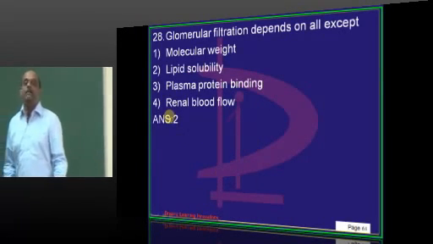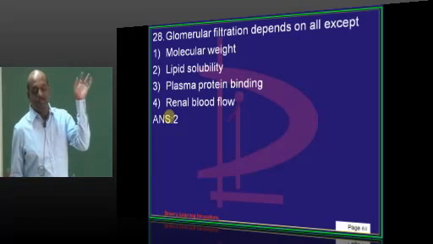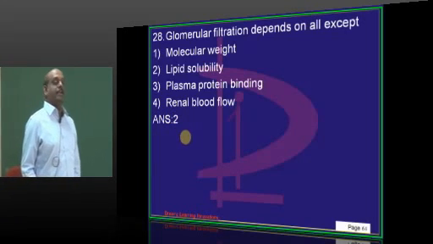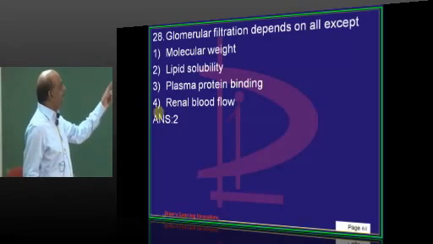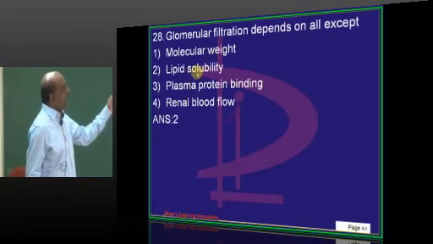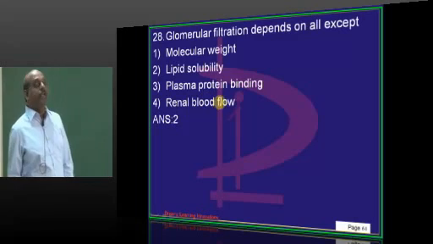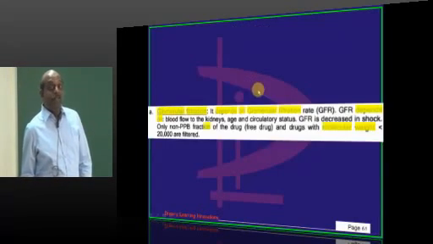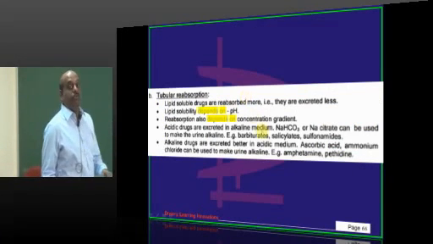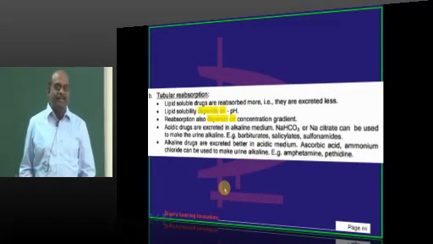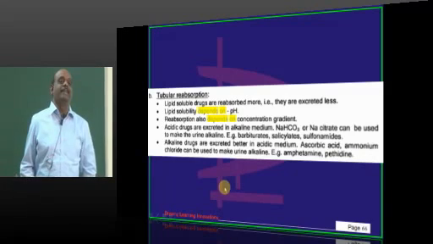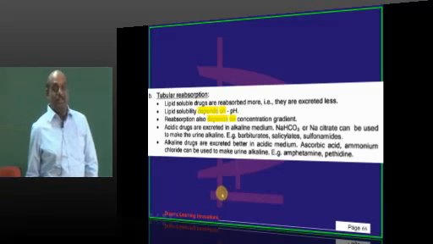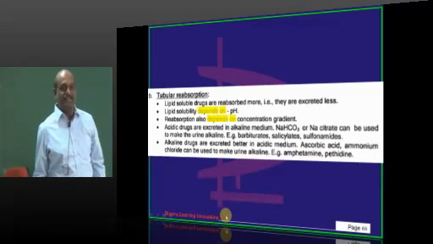GFR doesn't depend on what? Beautiful question. There is a pleasure in discussing APJUDA paper. Doctor, molecular weight, plasma protein binding, renal blood flow, they are all important for the GFR, glomerular filtration. Whereas what is one more thing that you have? Tubular reabsorption. For that you require lipid solubility, not for glomerular filtration.